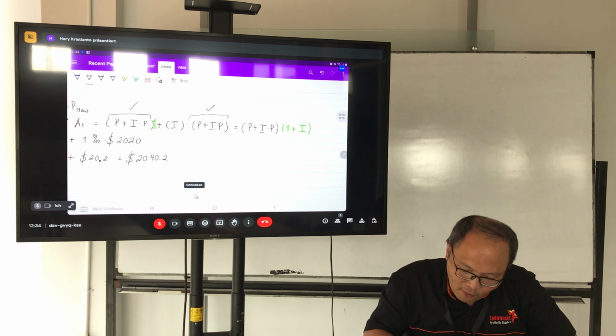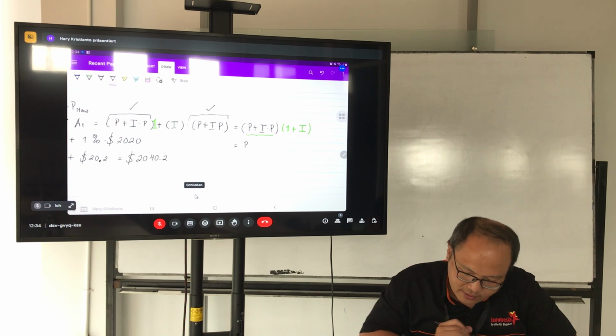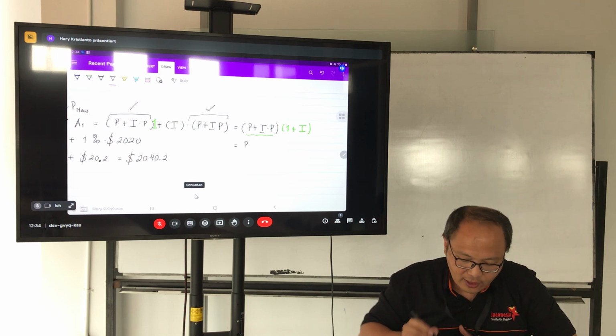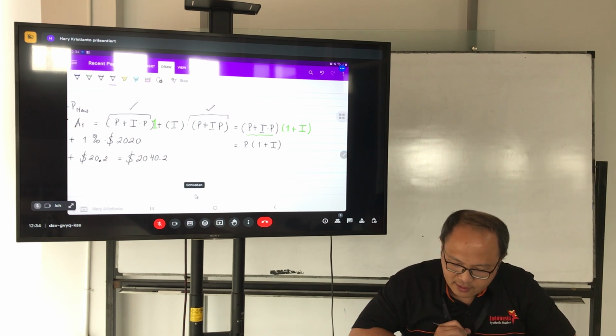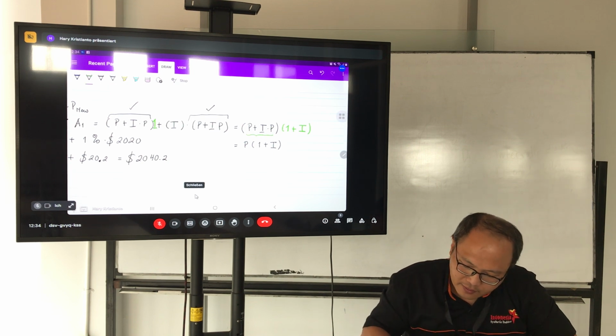Now, from this, I can also simplify it. I take the P out. I'm doing this very, very slowly. And then I put 1 plus I together.